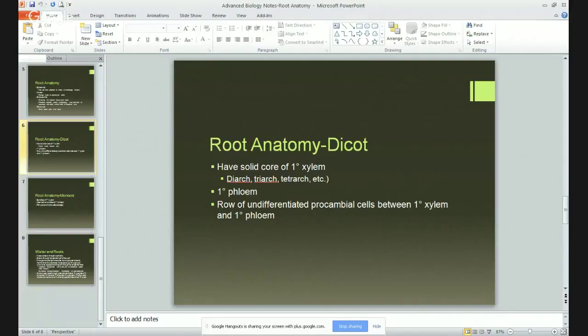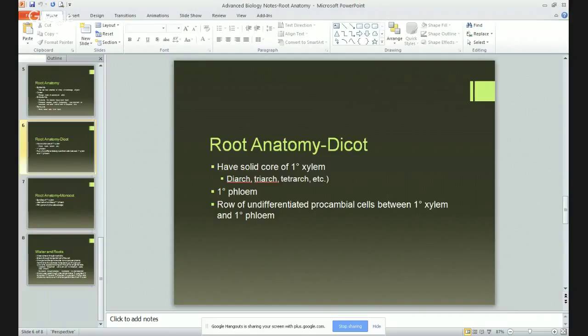But in this particular picture it's got xylem in the middle, phloem on the outside. This particular structure is called a tetrarch because it's got 4 arms. You can have a diarch or a triarch, depending on how many arms you have coming off there. But this particular one, I drew a tetrarch.